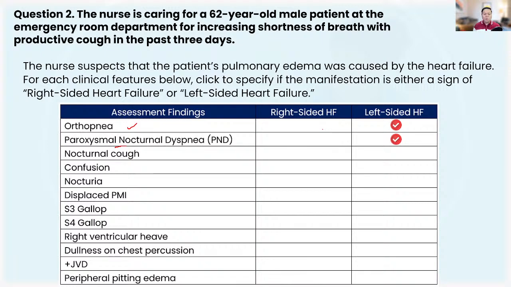Now, what is the reason why the patient is manifesting the paroxysmal nocturnal dyspnea? Well, the reason for that is the redistribution. Redistribution of what? The fluid from the legs.